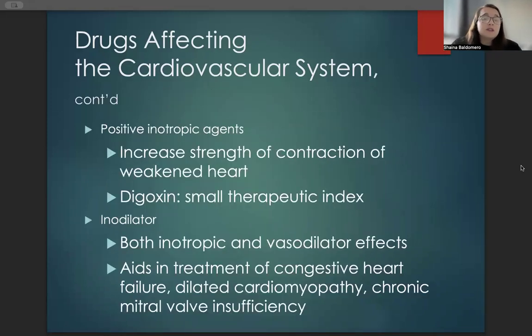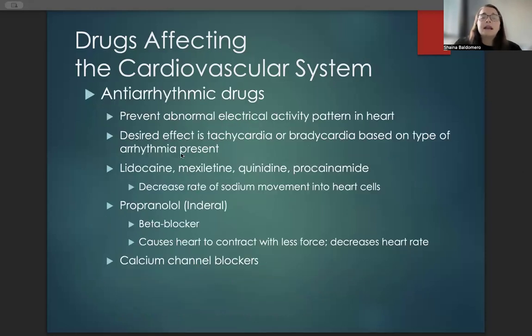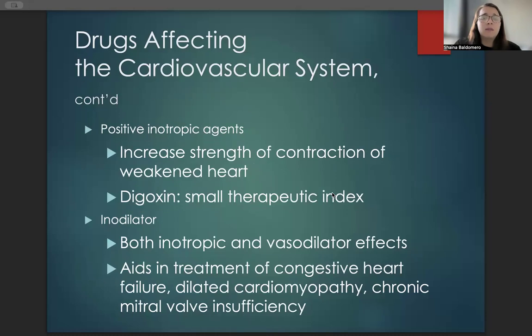Some more medications when we're talking about the cardiovascular system. The next subject we're looking at here is positive inotropic agents. So we were just looking at medications to help decrease the heart rate. But when it comes to medication to increase the heart rate, we could be looking at inotropic agents or inodilators.